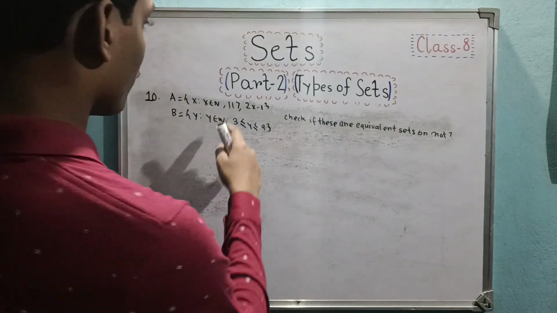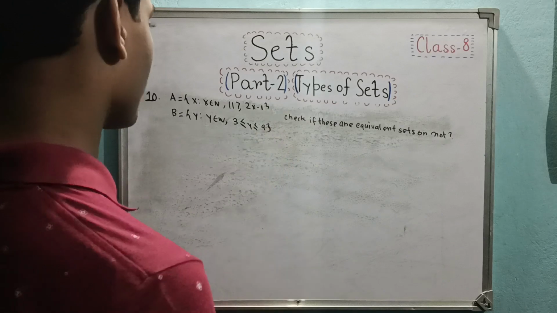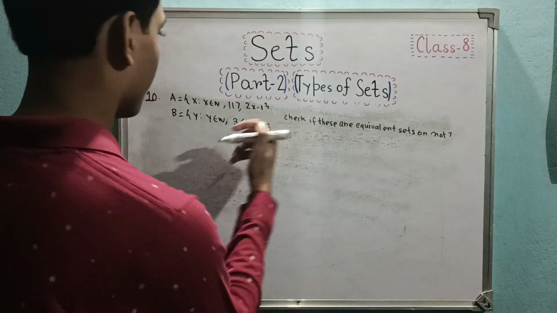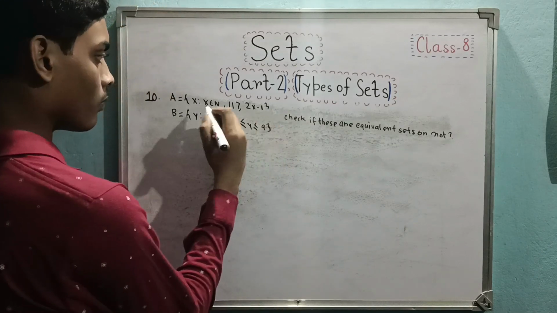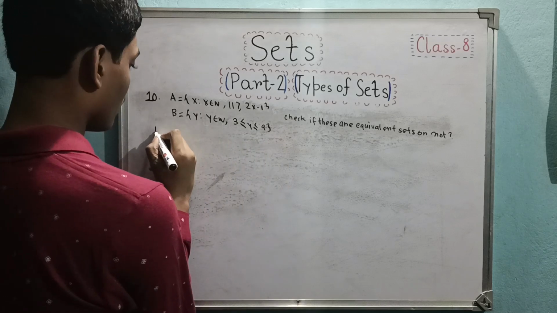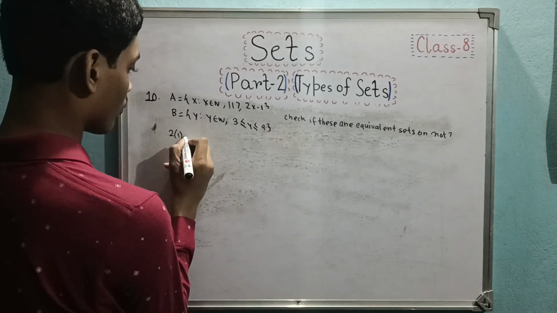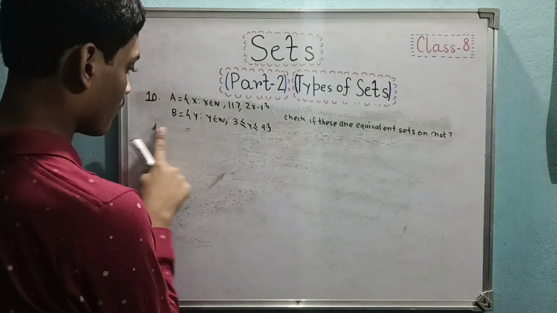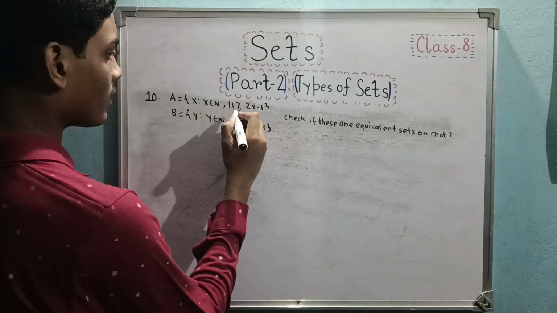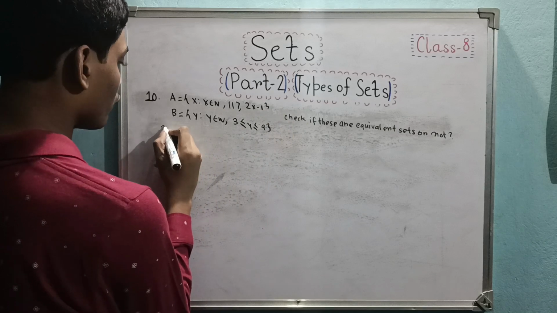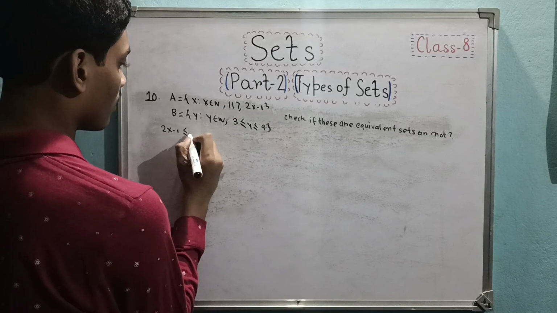Let us see. So 11 greater than or equal to 2x minus 1. Okay, let me write it properly for you. 11 greater than or equal to 2x minus 1 means 2x minus 1 less than or equal to 11.